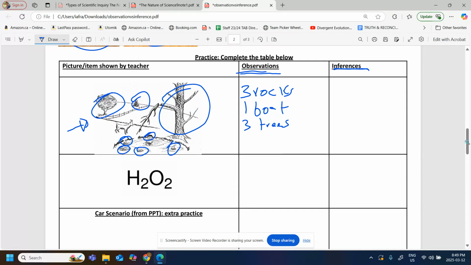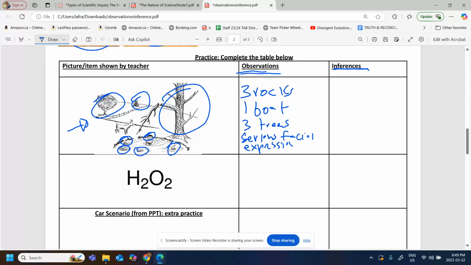I might say the person has a serious facial expression. Those are all observations that you can make about this situation here.